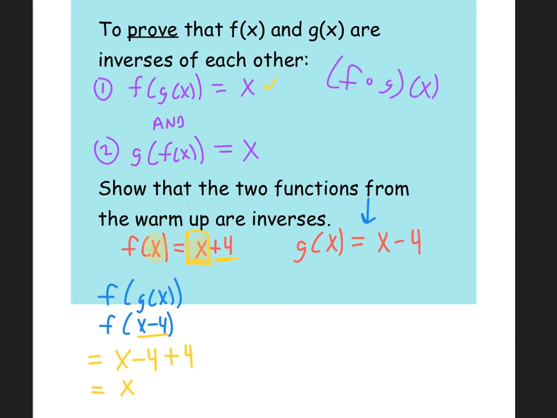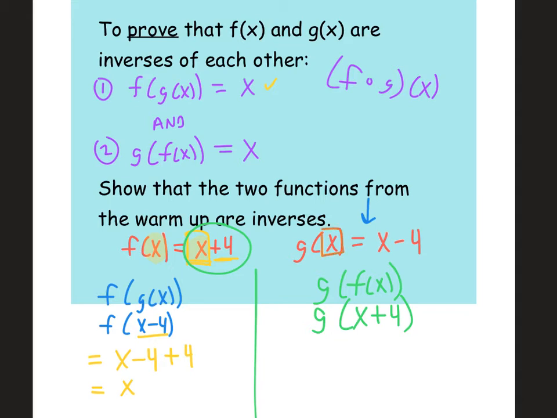Let's now do the other order, I should say, g of f of x. Same thing. We're going to start by replacing the inside function. f of x over here is x plus 4. Now we're just going to look at the rule and see what we need to do to do g of something. g of something is just that something, take away 4.